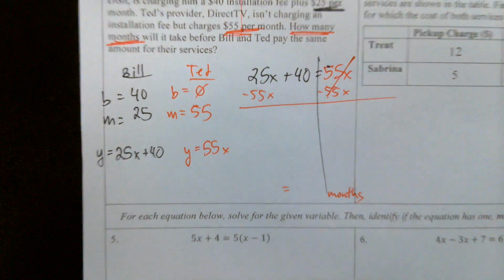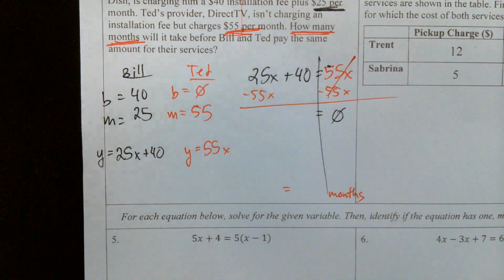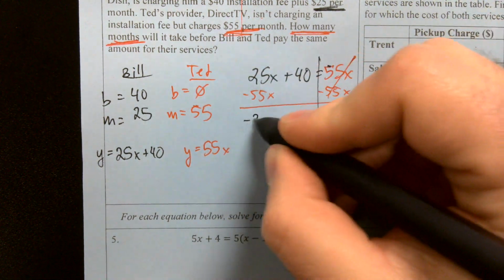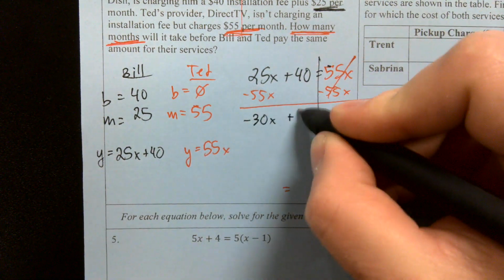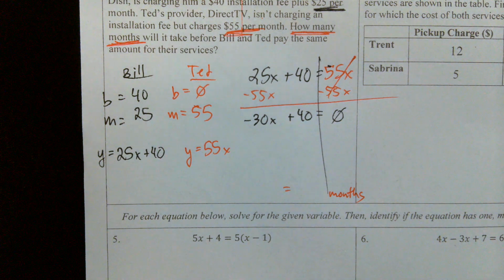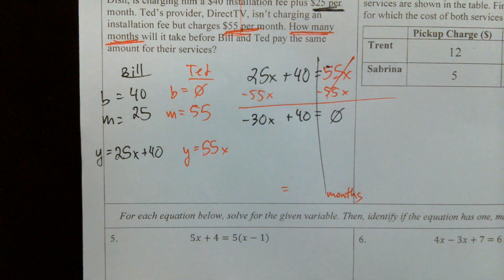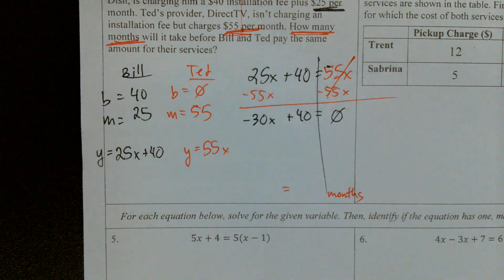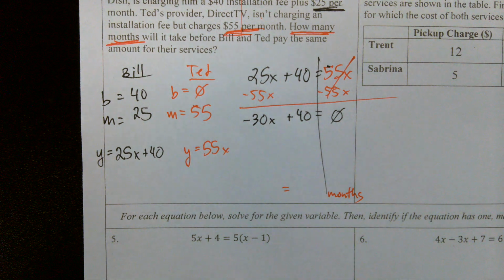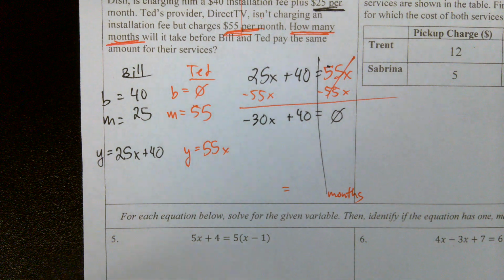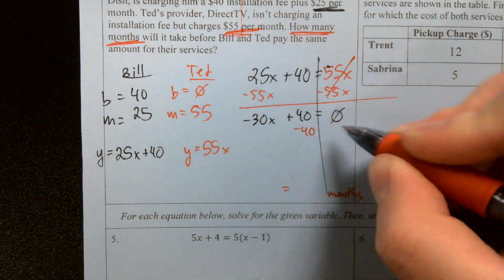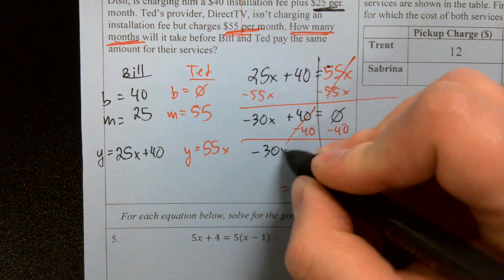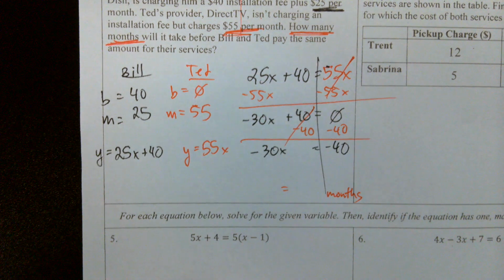These 55x's go away, leaving us with 0. 25x minus 55x is negative 30x plus 40. Is that right? Yeah, that's right. Then we bring 40 over to the right, minus 40 minus 40. We get negative 30x equals negative 40.